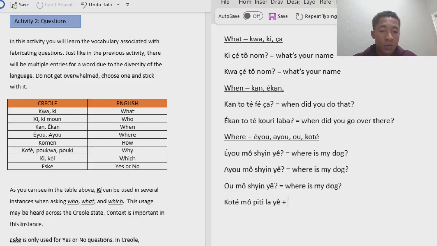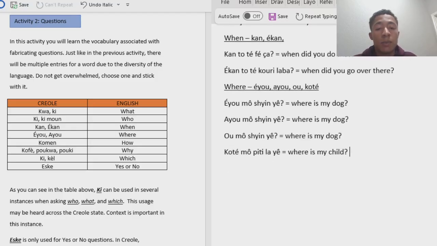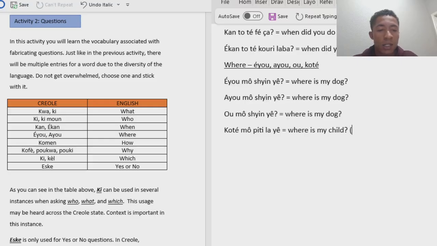Which is, where is my child? Where's my child? Some folks translate this as daughter because they think she's talking about her daughter. Where's my daughter? But kote mopiti la ye, where's my child? That's in the song Salon Gadu. So if you want to go on Apple Music or Spotify, you can search up Salon Gadu and you can hear this exact same phrase.